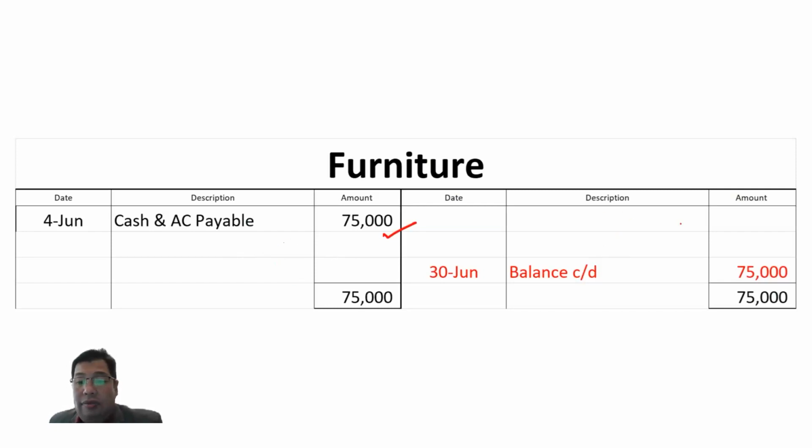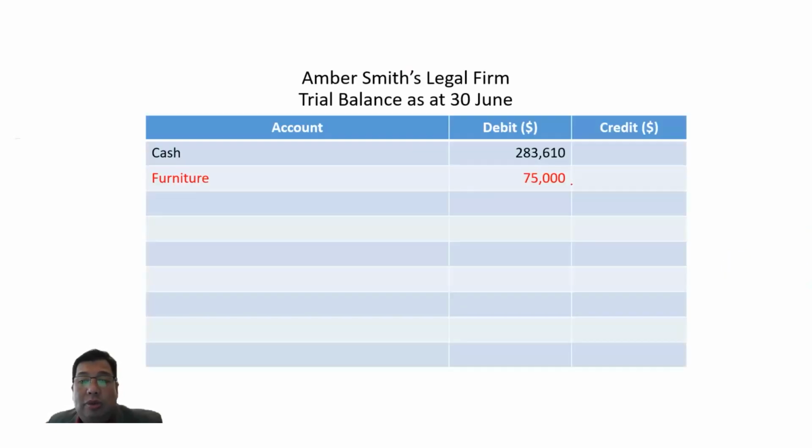We don't dispose of any furniture, so our balance is 75,000. I hope you don't have any problem determining this. So just put here furniture 75,000. This is your furniture balance.